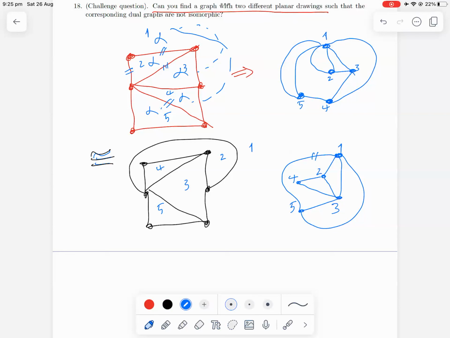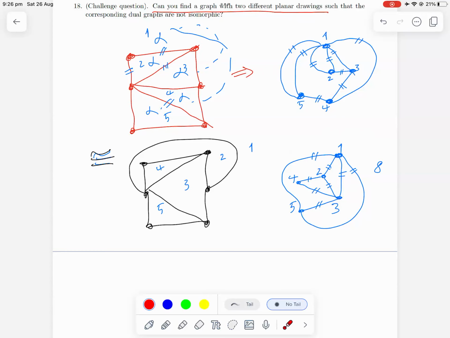Let's count 1, 2, 1 edge, second edge, 3, 4, 5, 6, 7, 8 edges. So how about this one? 1, 2, 3, 4, 5, 6, 7, 8, 9. Let's count it again.